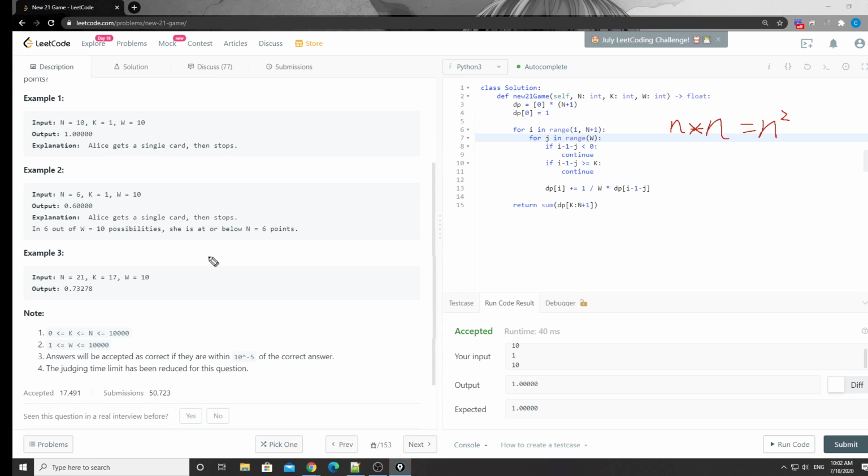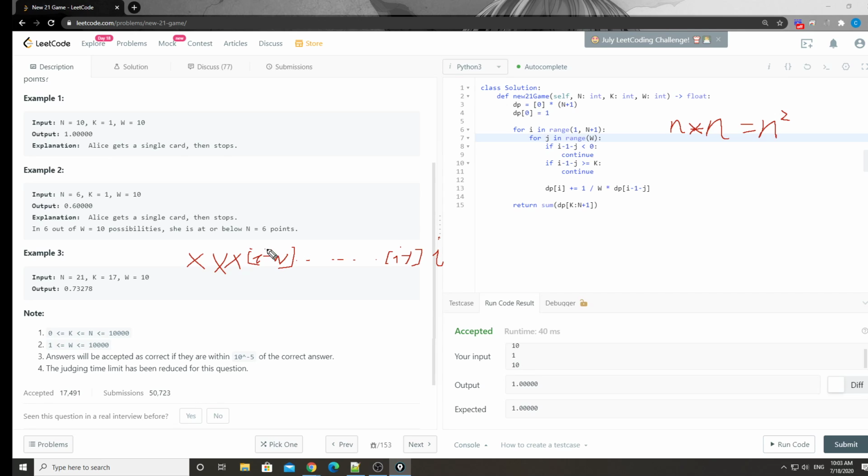Because we have a DP I here, and in order to get I, we need the DP of I minus 1, and then to DP of I minus W, right?